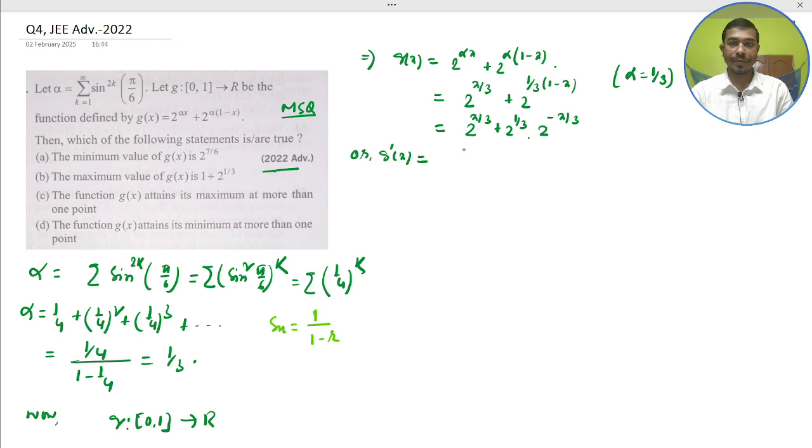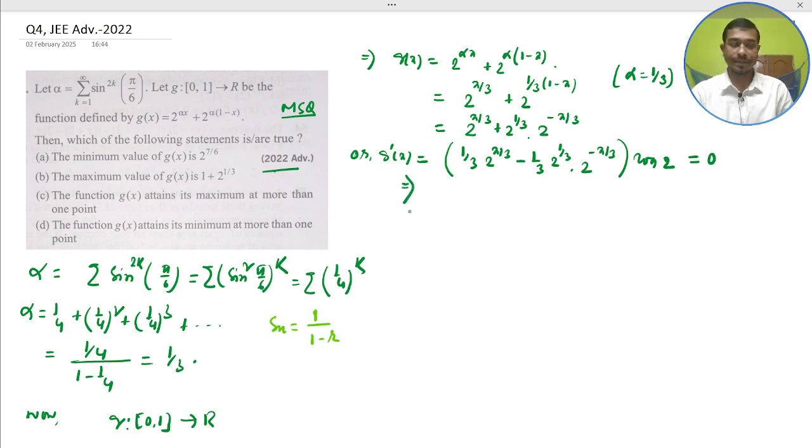So g dash x would be 1/3 2 to the power x by 3 minus, just differentiate both sides, 2 to the power 1/3 into 2 to the power minus x by 3 into log 2, first order derivative, and the first order derivative should be 0 by the Maxima Minima condition.